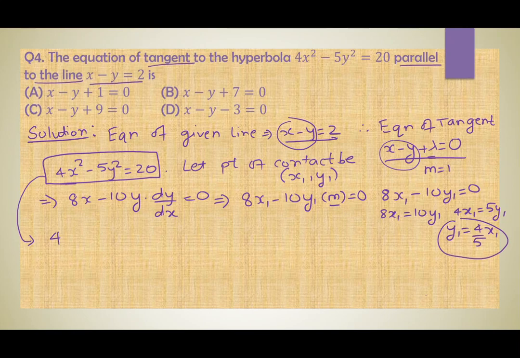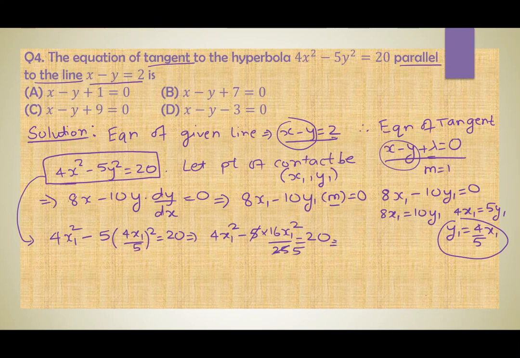Now, this value here is going to be 4x1 square minus 5 y1 square. What is y1 square? It is (4x1 by 5) the whole square, and that is equal to 20. Let's simplify this quickly. This gives 4x1 square minus 5 into 16x1 square by 25, equal to 20. You can cancel this out and take the LCM.